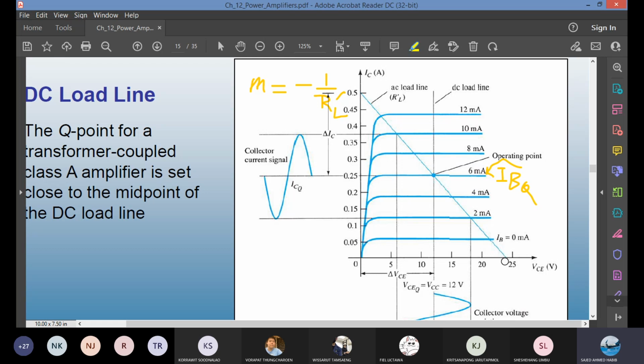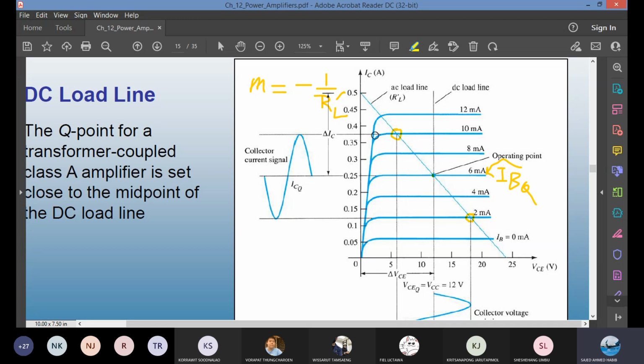But is the cutoff here? Not necessarily. Is the maximum current here? No. It says maximum current swing, peak swing of 4 milliamp, which means from 6 milliamp it will go 4 milliamp in the positive direction, which means 6 plus 4, 10, right here. And it will swing in the other direction, 6 minus 4, 2 milliamp.